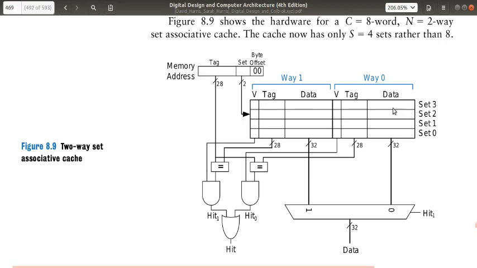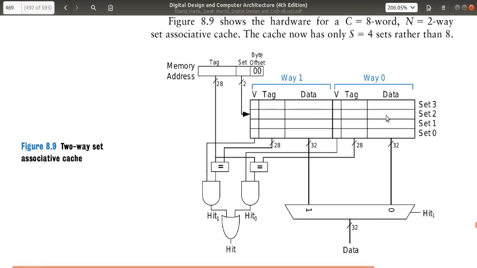If this is filled and this is empty, then obviously the new one will be copied here, and otherwise if this is filled and that is empty, the new one will be copied there. If both are empty, or if it is a set of 4 blocks and 3 or all 4 of them are empty, there is no specific order or rule by which the blocks are copied within the set. Only the specific set is determined using the set bits. Within the set there is no specific rule. That is, there is a sort of flexibility.